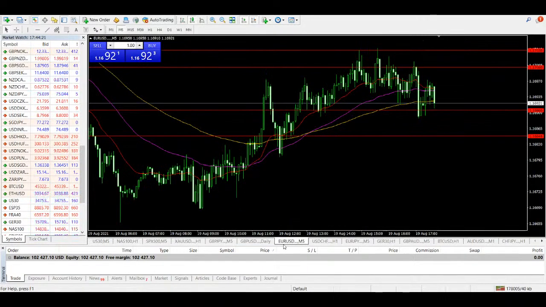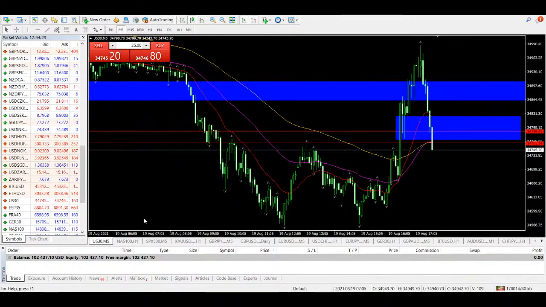My EURUSD fading didn't really work, did it? The good thing is I got my long in, so I made a little bit of profit so that I have a buffer now. I can probably increase my risk.